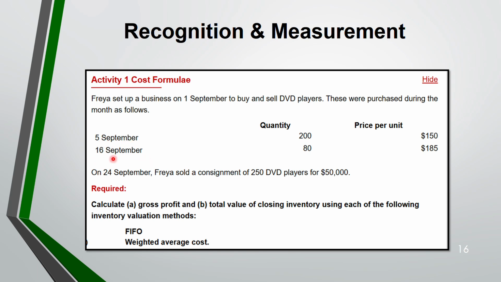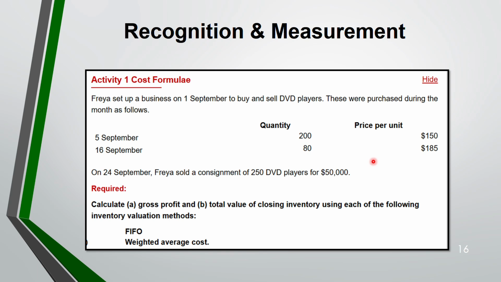So if it's FIFO, we'll go by 5th September first. Whatever we have purchased, we'll sell, and then we'll use the remainder from 16th September. And if it's weighted average, we'll do the weighted average. You have been given the quantity and the price per unit. And on 24th September, they have sold a consignment of 250 DVD players for 50.